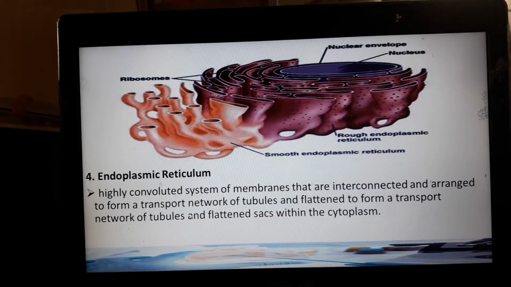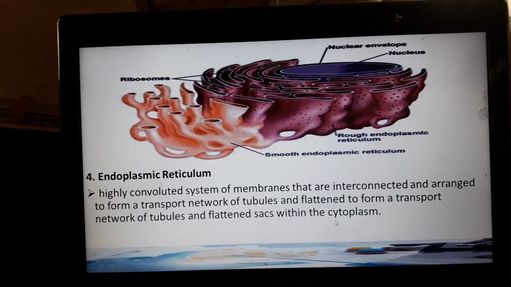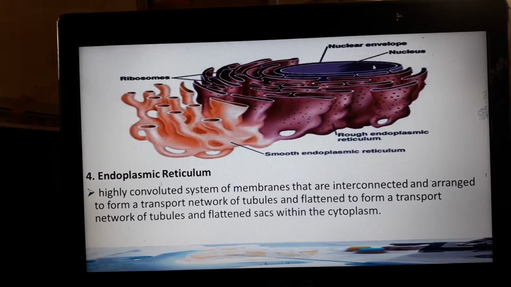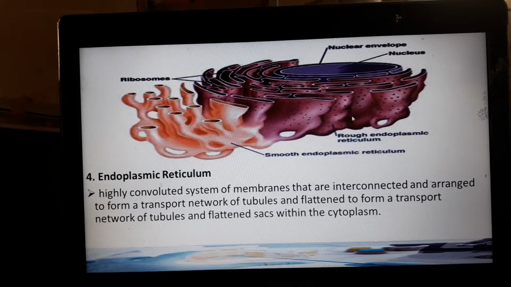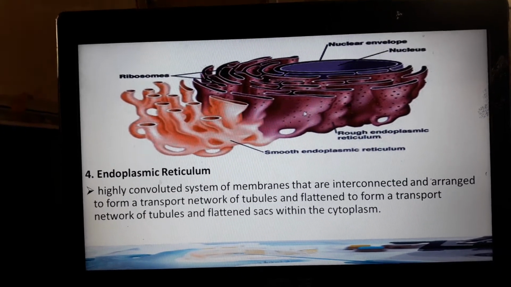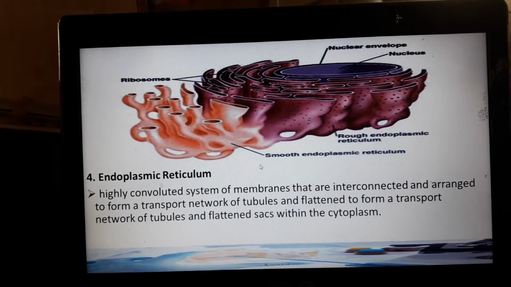So to correct, it is a network of tubules and flattened sacs of cytoplasm. Usually, it is adjacent to the nucleus because the endoplasmic reticulum is in charge also for the protein synthesis and also for the detoxification of different drug molecules, as what we have discussed in biochemistry.